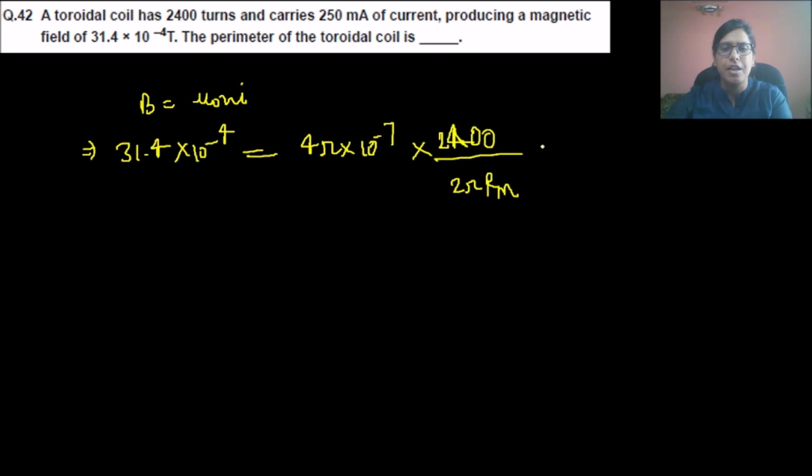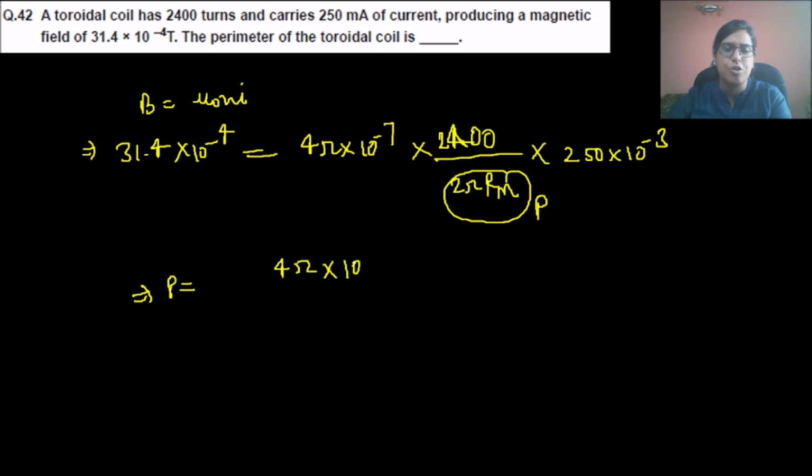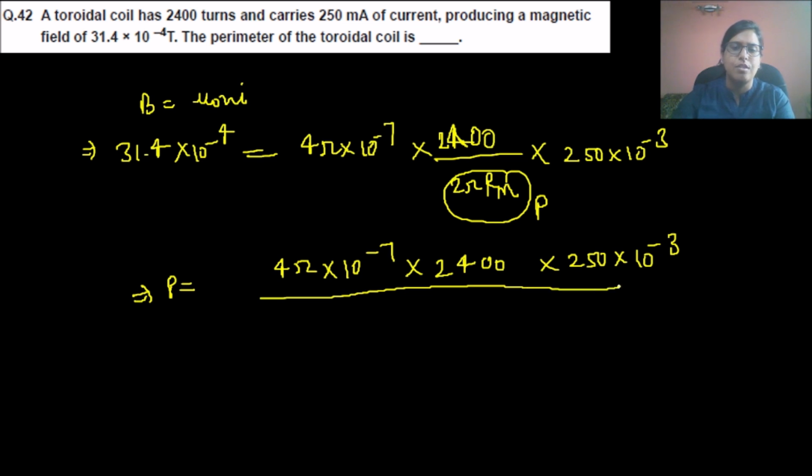This will be the average parameter, and I is given 250 milliampere. So if we denote this term as P, because we have to find the parameter, so parameter will be 4 pi into 10 raised to power minus 7 into 2400 into 250 into 10 raised to power minus 3 upon 31.4 into 10 raised to power minus 4.